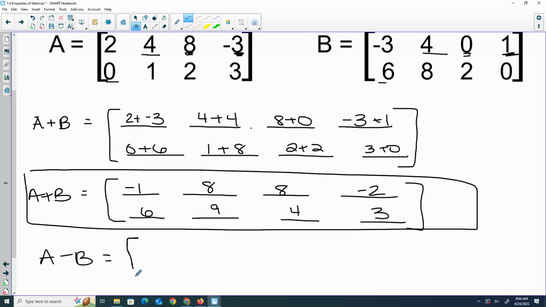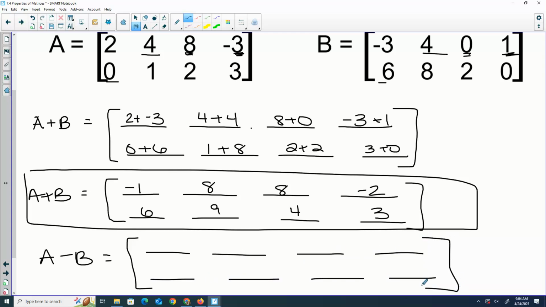So if I ask for A minus B, what do you think we do? Subtract each entry. So 2 minus -3. Make 2 plus 3, so that would be 5. 4 minus 4 is 0. 8 minus 0 is 8. -3 minus 1, -4.